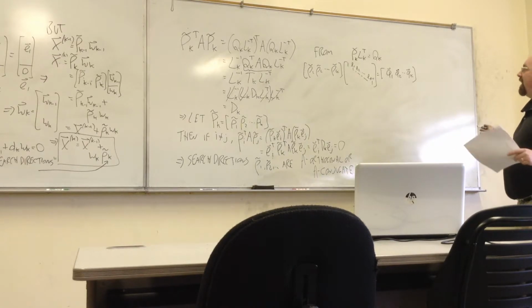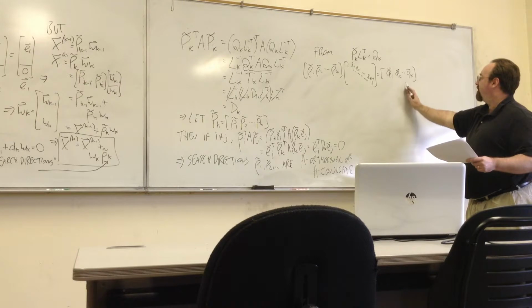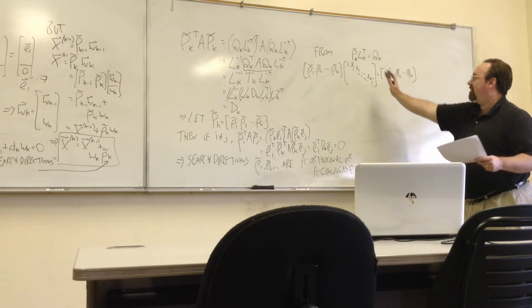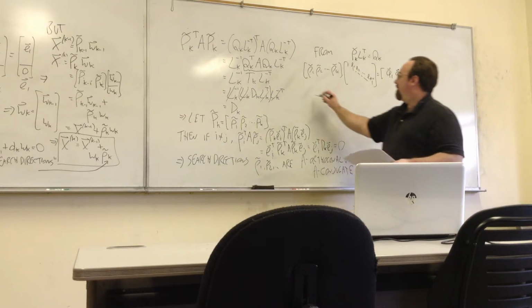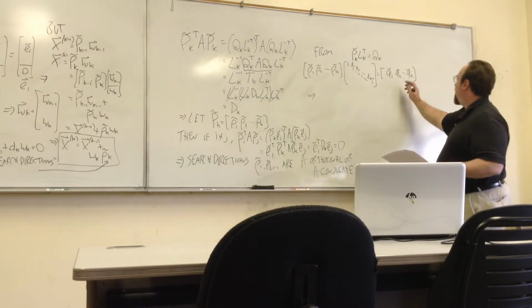Now, if I multiply this out, and I look at a particular column of this, matched against the same column of the left side, here's what I'm going to get. I'll just go ahead and take the last column.